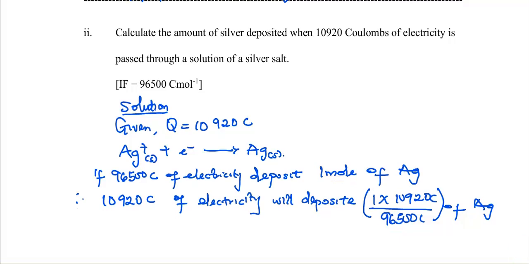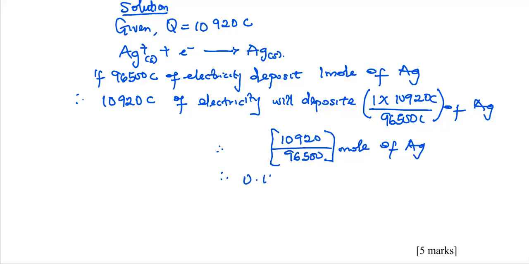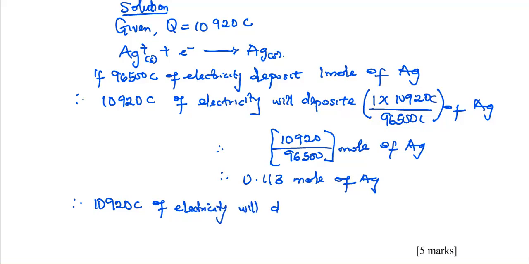So if we bring that out, we have 10,920 divided by 96,500 mole of silver, and that gives 0.113 mole of silver. Therefore, 10,920 coulombs of electricity will deposit 0.113 mole of silver.